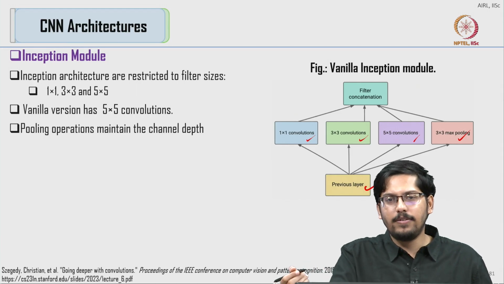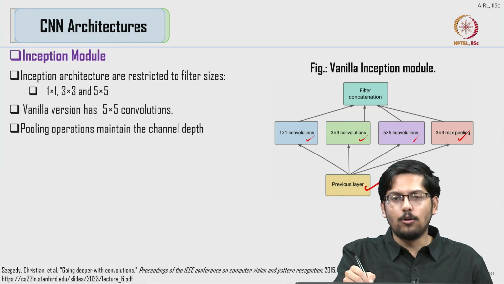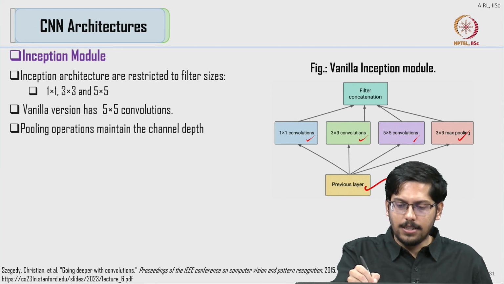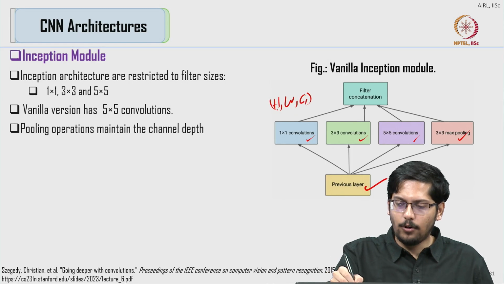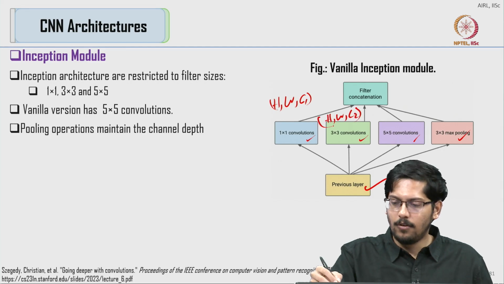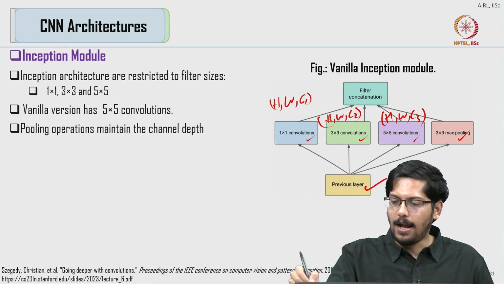What does feature concatenation mean? Let us assume that the output dimensions of the 1 cross 1 convolution would be height, width and C1, right. Similarly for 3 cross 3 convolution it would be height, width and C2. For 5 cross 5 convolution it would be height, width, C3, and for max pooling let us assume it is height, width, C4.